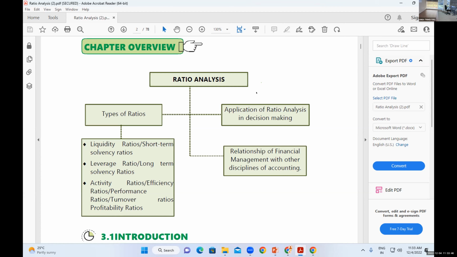What is leverage? Leverage means doing something by applying some tool, otherwise it will be difficult. Simple example: in those days, if you wanted to take water from a well in a bucket by rope, it would be heavy.